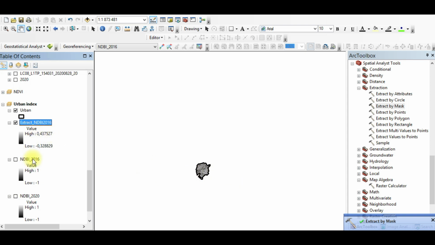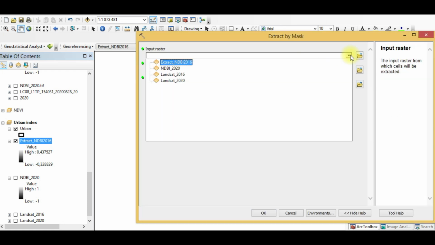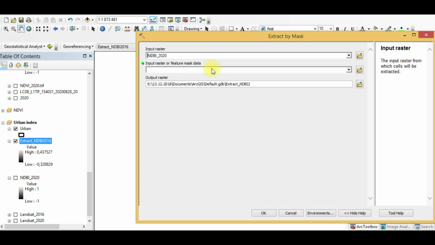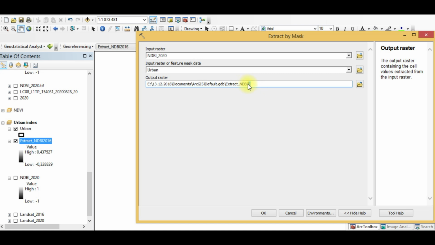See this area, so I don't need this image anymore, and do the same with 2020, extract 2020.